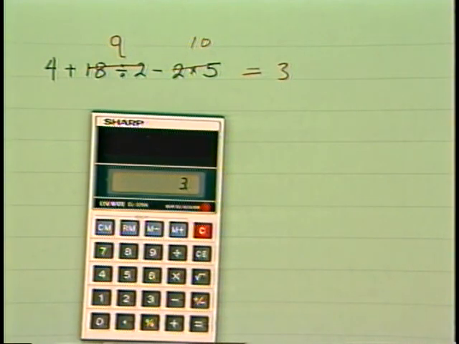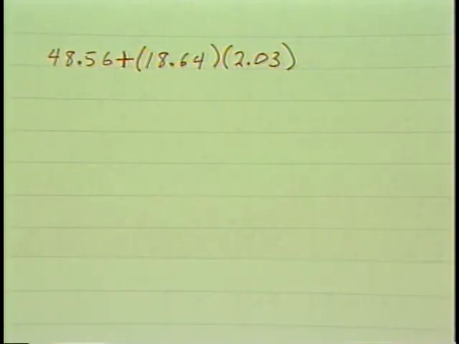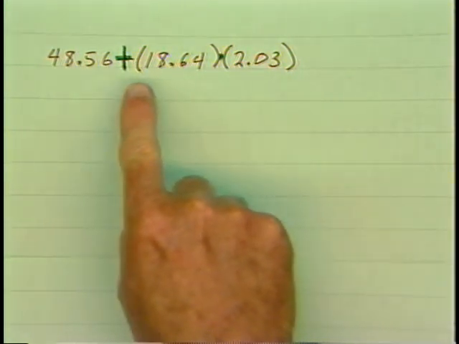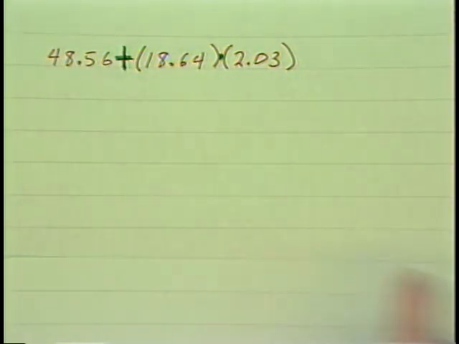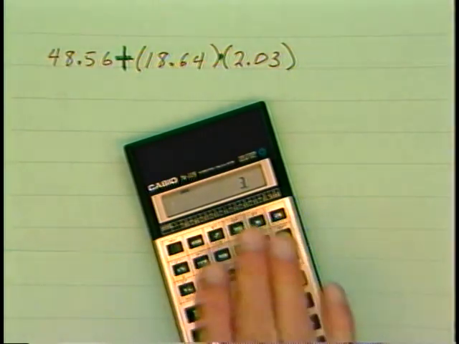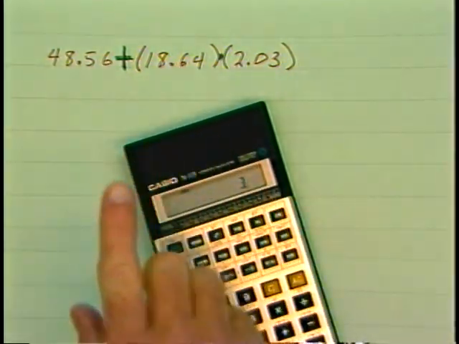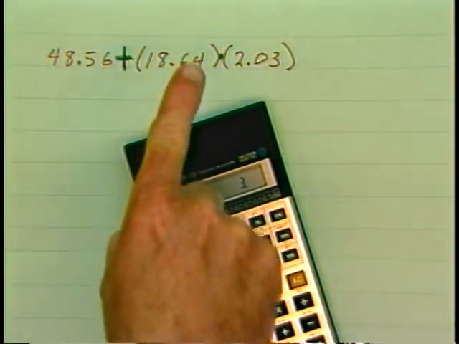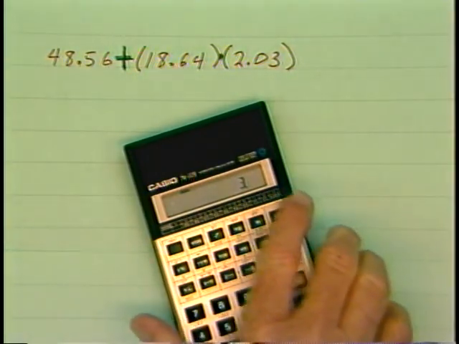However, if you have a problem like this with only 2 operations, it still, nevertheless, is more convenient to do it on the calculator. And if I had the scientific operation calculator, I could key that in and hit the equal.